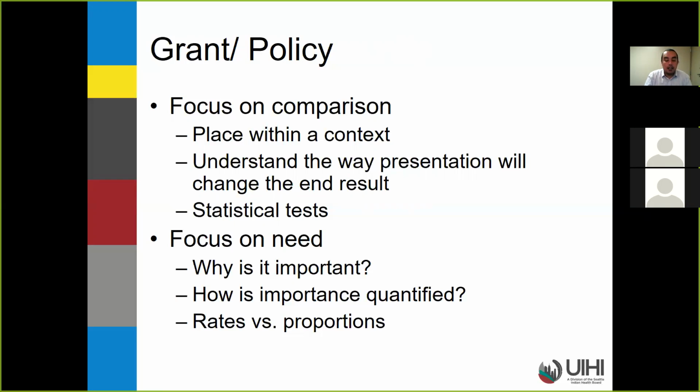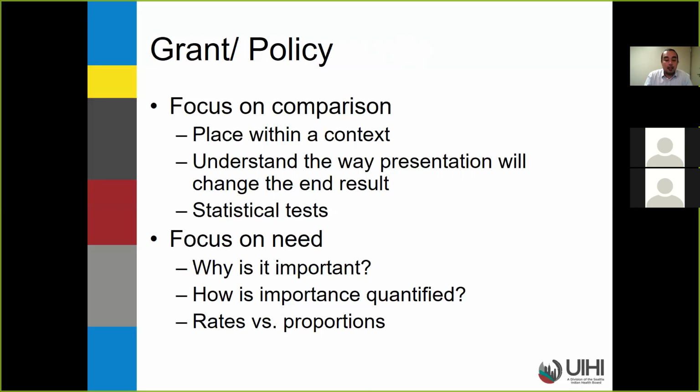Additionally, there's an increased need for the ability to test the numbers that you're presenting statistically rather than just presenting the numbers by themselves. Statistical tests and presenting those sorts of methodologies might actually end up confusing your message if you're presenting it to community or patient populations.